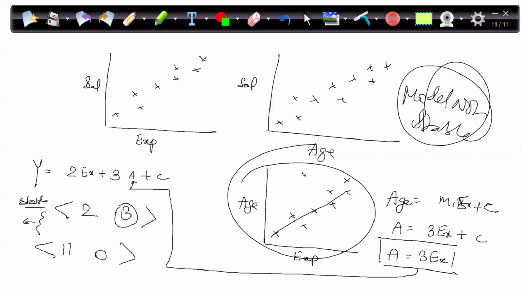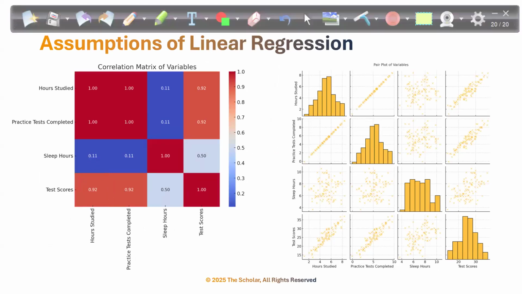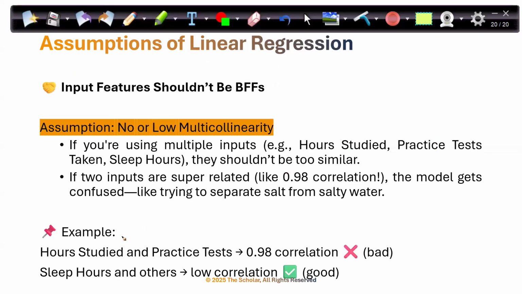Okay? And that is the reason we don't prefer to have multicollinearity. When we are having multicollinearity, your model will become unstable. Confused, right? So that is the relation, that is the correlation, multicollinearity, and we normally don't want that.